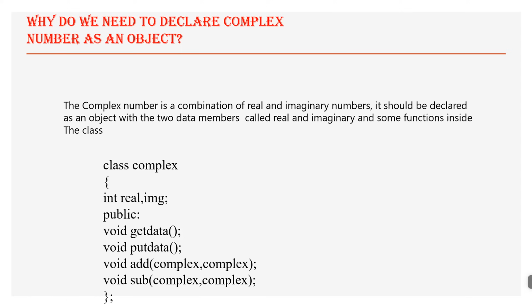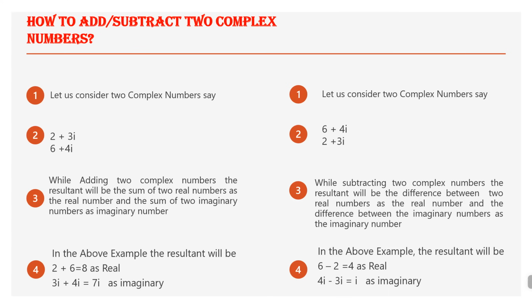Now before going to discuss the class and the object, we have to confirm why a complex number needs to be defined as an object, not as a variable. Let us look into the previous example, wherein you take any complex number, say 6 plus 4i or 2 plus 3i.